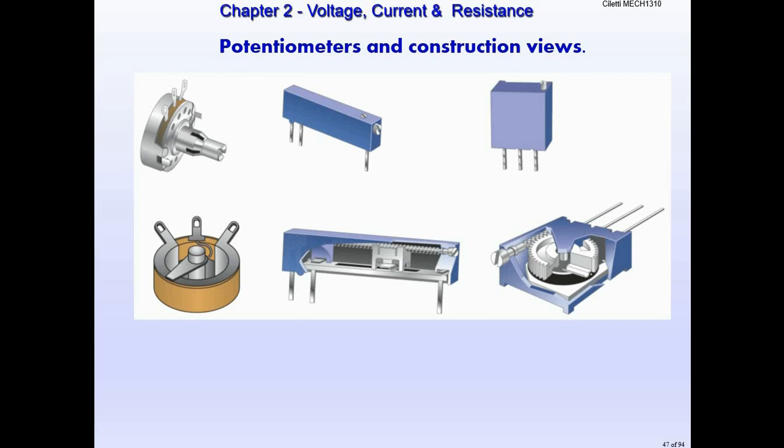We adjust the resistance with a screw. You can see on the inside cutaway, if we change that screw, there's an element that slides up and down and changes the resistance. Same with the one on the far right. We're using a screw, but this time it's on a wheel. The other one's on a gear type drive or auger type system, versus a wheel type system on here.